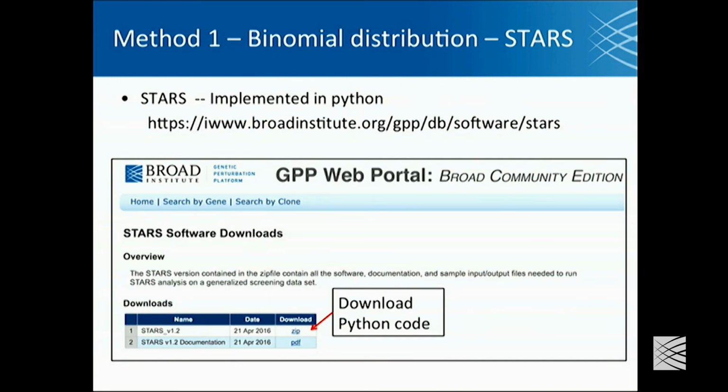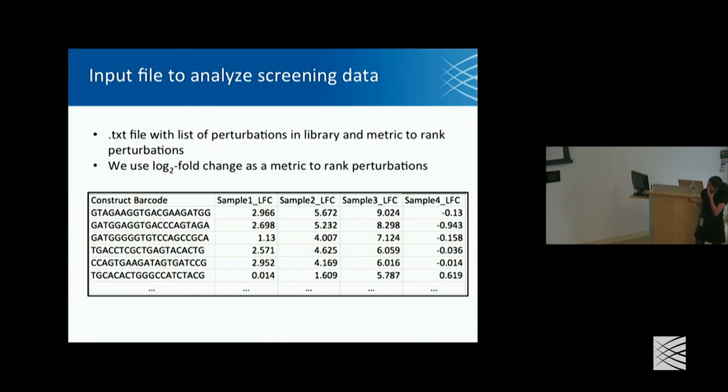So method 1 uses binomial distribution and is called STARS. You can go to the link here in order to download the Python code to run this analysis, and it also includes the documentation that will help you run this code. So what input files do you need to analyze your screening data using these methods?